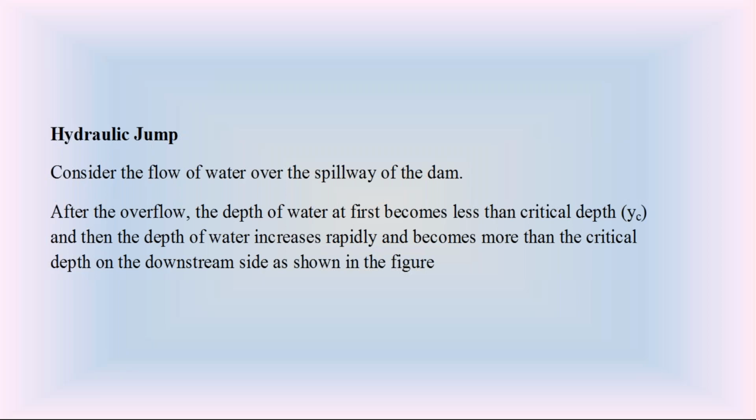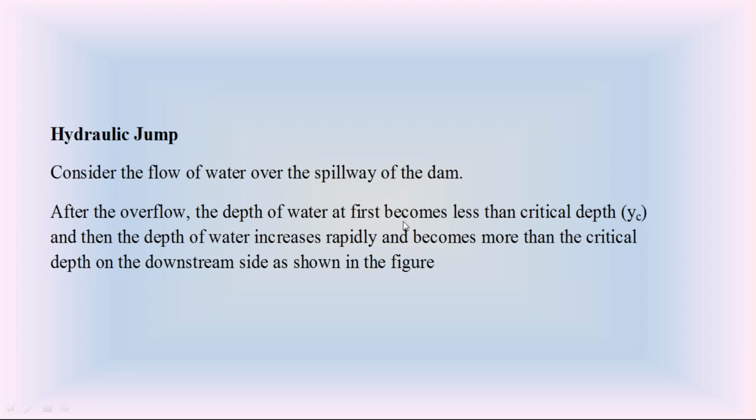So please follow these points in the slide. When the water is flowing over the spillway, at the bottom of the spillway, the water depth is less than the critical depth. At the bottom of the spillway, initially the water depth is less than the critical depth.